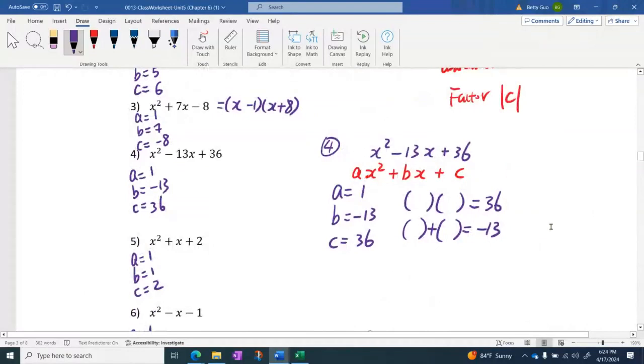In this case, we are looking for two integers that multiply to positive 36 and add up to negative 13. I want you to help me determine the signs for the two integers. Anybody can tell me the signs for the two integers?